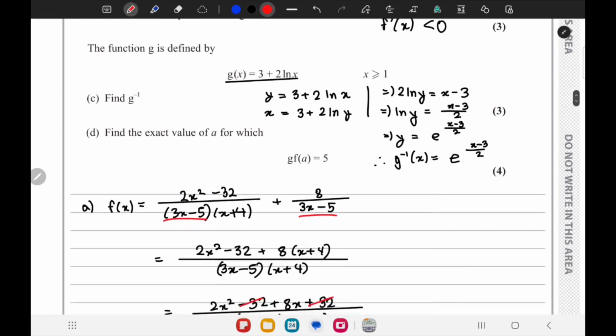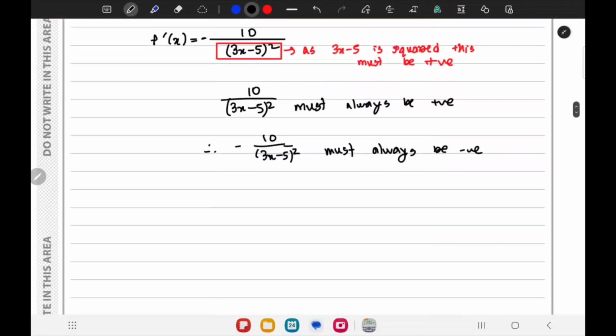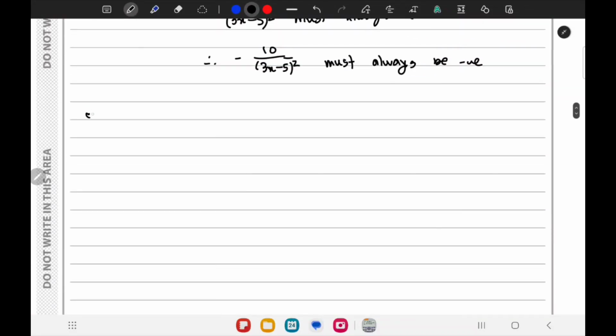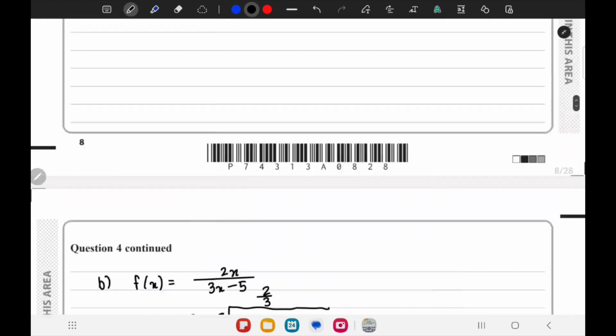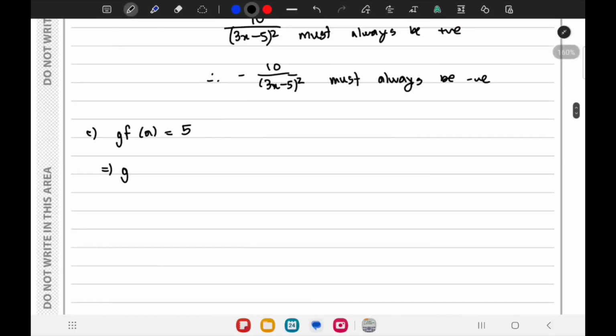And in the final part of the question, we have to find a for which gf(a) is 5. So gf(a) is 5. Let's find gf(a). f of a would be 2a divided by 3a minus 5.